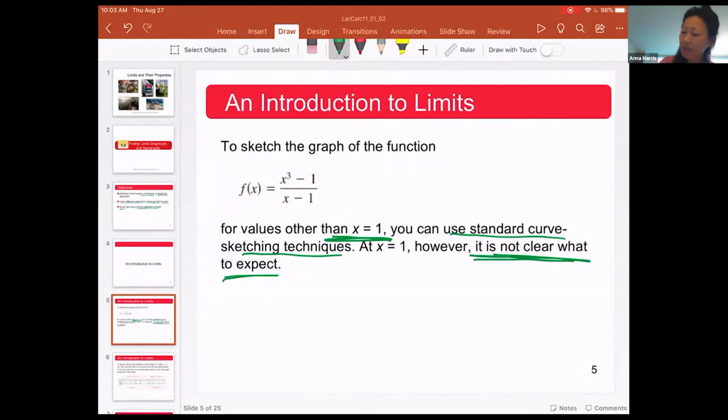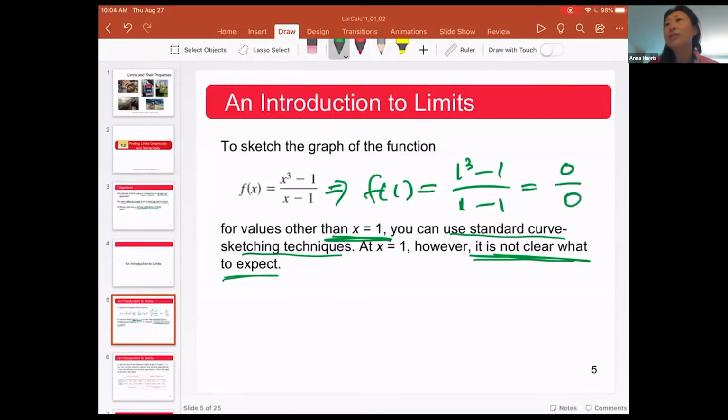Just think about this. What happens if I plug it in? F of 1, I get 1 to the third minus 1 over 1 minus 1. What do I get? 0 over 0, isn't it? We don't know what that means, which means it's undefined.